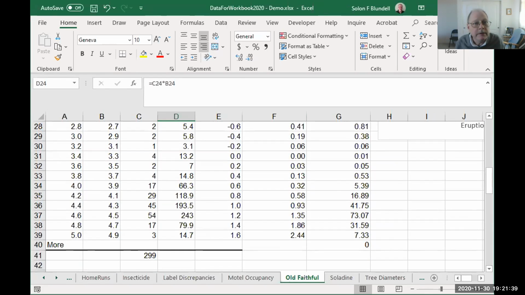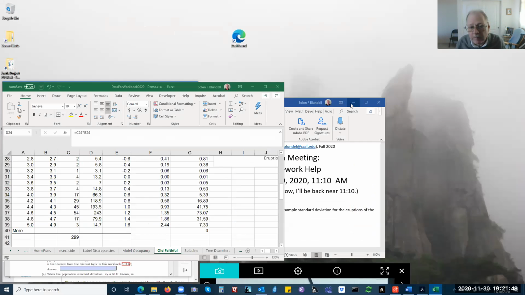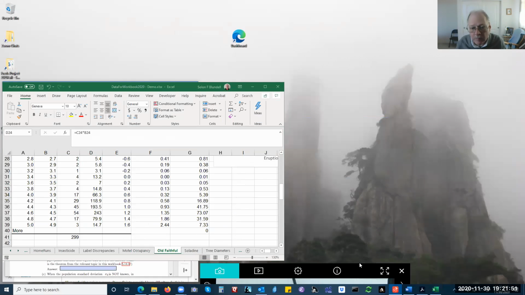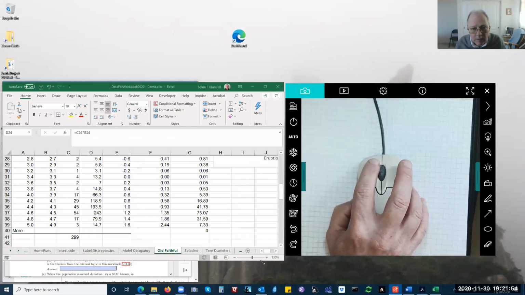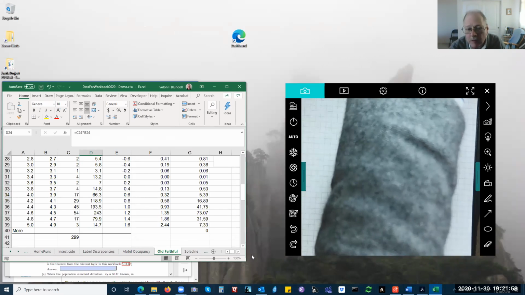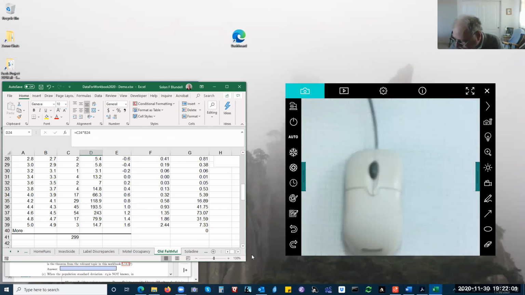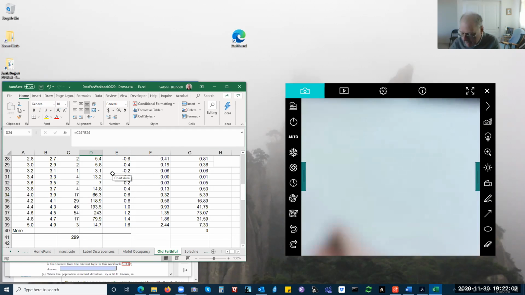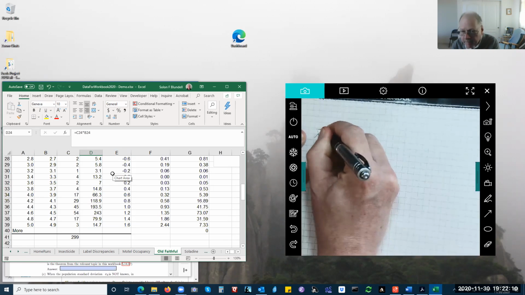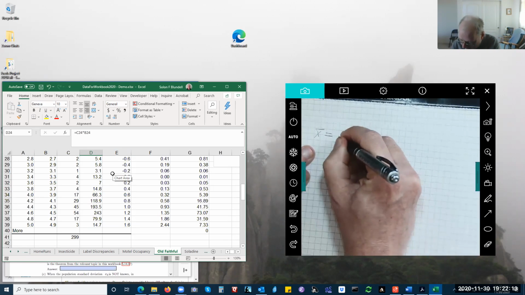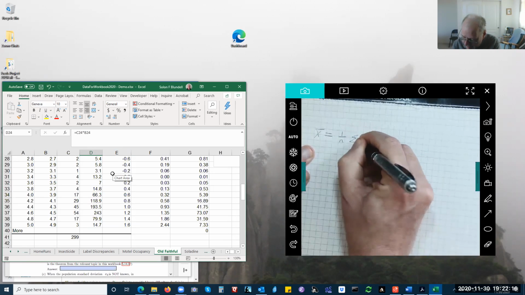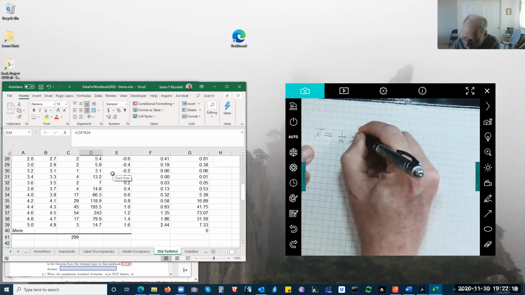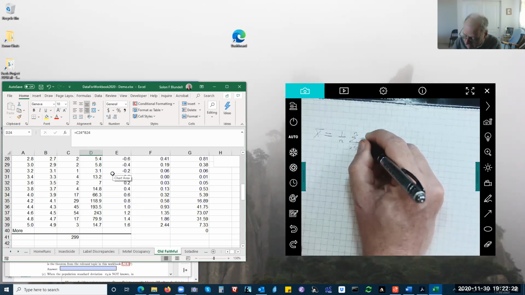Okay, so let me write this in symbols. So our sample mean is one over the sample size times the sum over all the individuals in the sample.